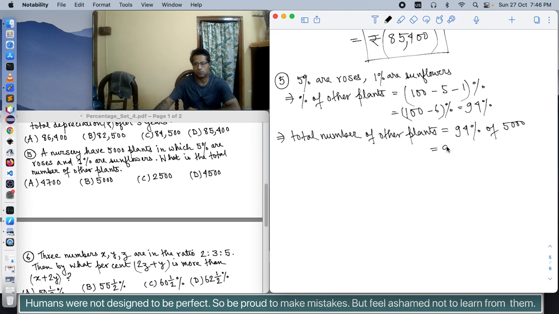This is equal to 94 divided by 100 multiplied by 5000, which is 94 multiplied by 50, which is 4700. So 4700 is the total number of other plants. Hence the correct choice is A.